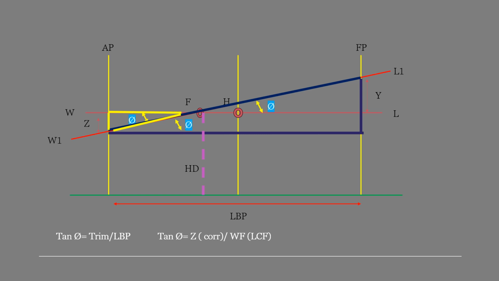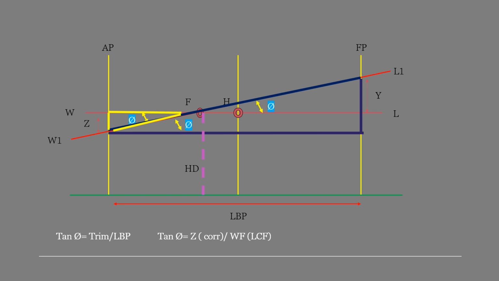Now I've said Z is the correction here. Why have I said Z is the correction here? Because from the aft draft, which is W1 to that green line, if we apply Z, then we will get the hydrostatic draft, which is from F to the green line. So tan theta is equal to Z, which is the correction, divided by WF, which is actually your LCF.